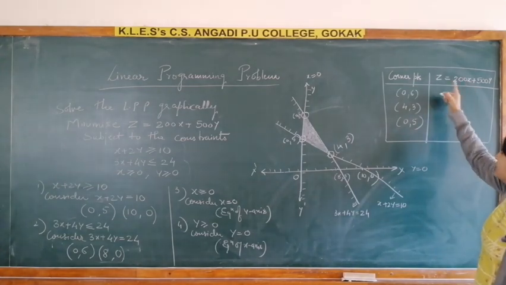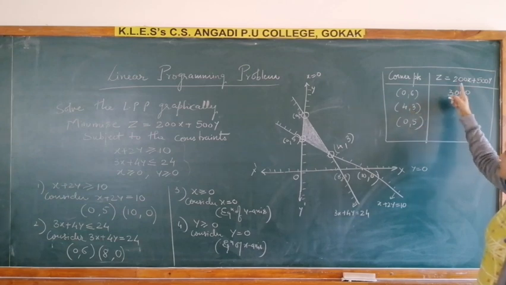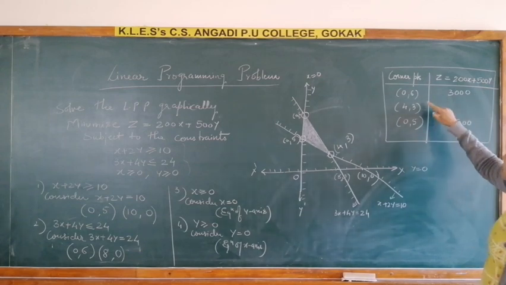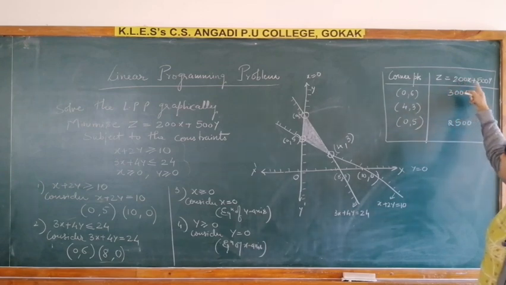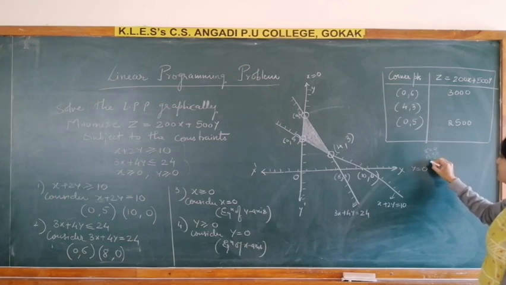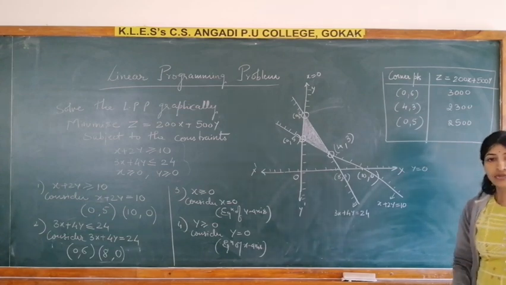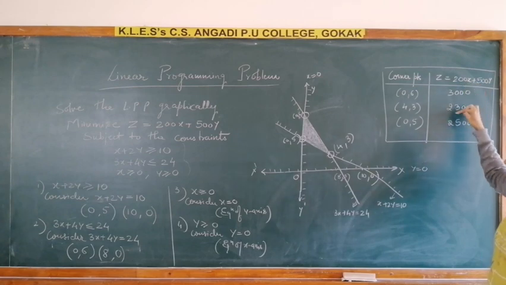So for 0, 6 you will get 3000. If you substitute 0, 5, 5 fives are 25, that is 2500. If you substitute 4 and 3, how much will you get? 4 twos are 8, 800 plus 5 threes are 1500, so you will get 2300. So what I have done here is substitute these values in the objective function and get the values.